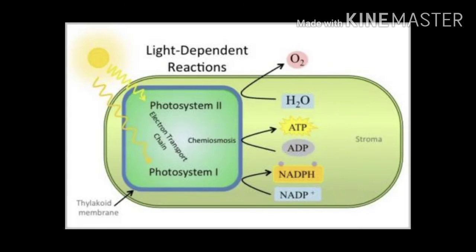Later on, the other reactions will be carried on even when sunlight is not available. First, a series of steps require sunlight. Once the steps have been initiated, the later reactions will take place independent of light. That's why those reactions which take place independent of light are called dark reactions or light independent reaction, which is a biosynthetic phase. Whereas that reaction which takes place in the presence of sunlight is called light dependent reaction or light reaction or photochemical phase.